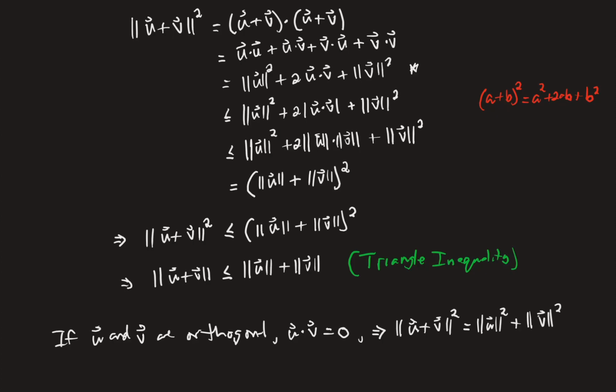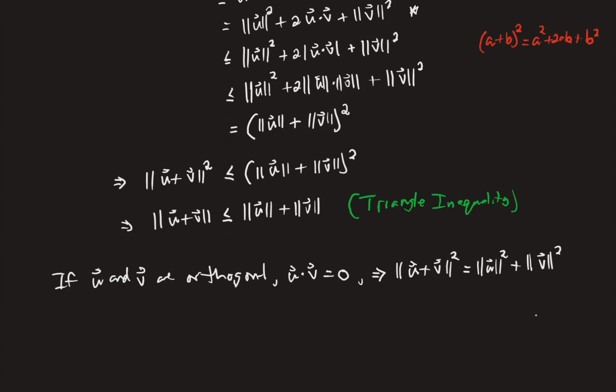Now let's wrap it up and draw a picture. If u and v are orthogonal, meaning the angle between them is 90 degrees, then my picture would look like this. Let's say I might have u going due north, and then maybe v is over here.